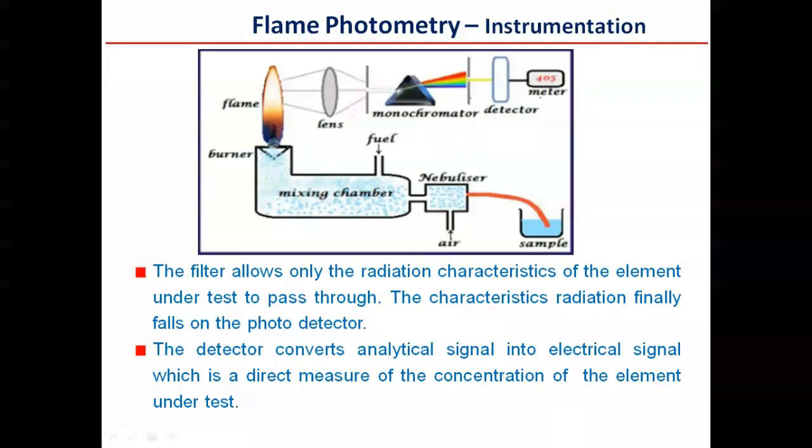So we have the instrumentation here, very simple. We have a nebulizer where the air and the sample are mixed, and this mixture converts into fine particles, or you can say aerosols or mist.